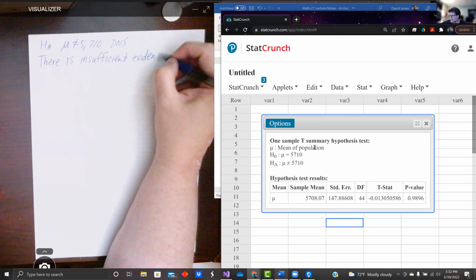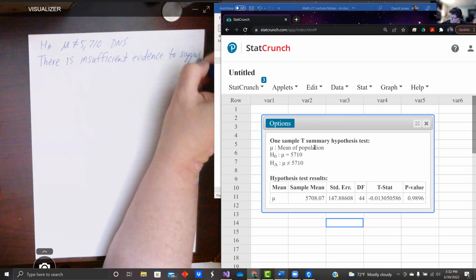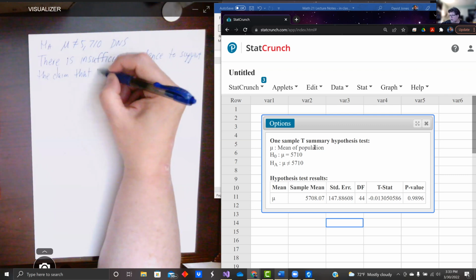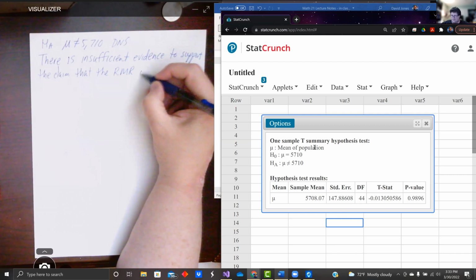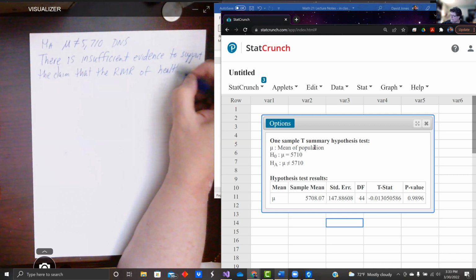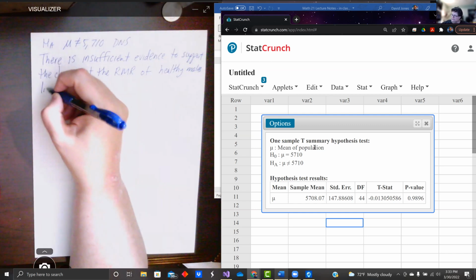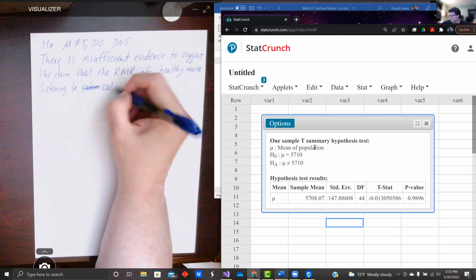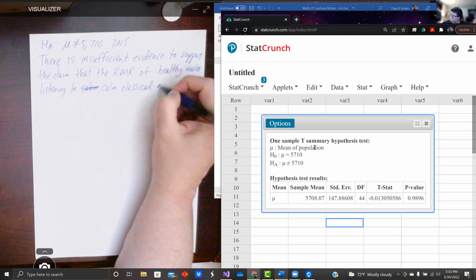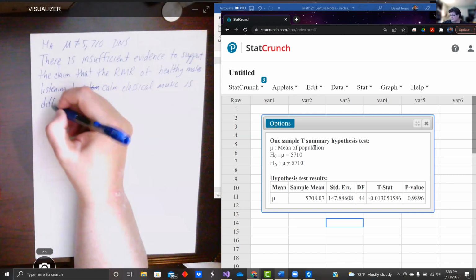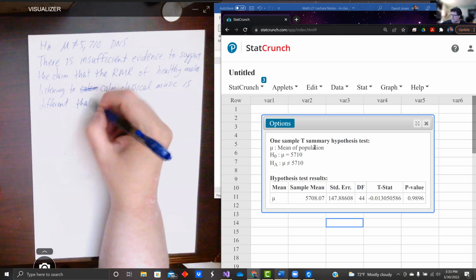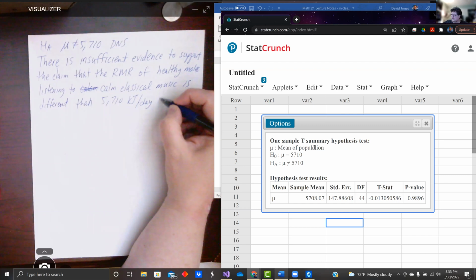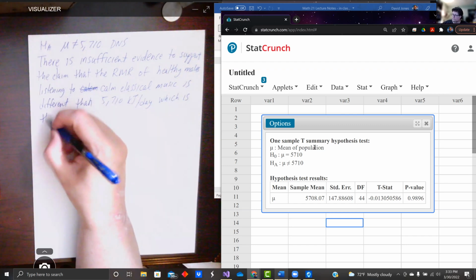There's insufficient evidence to support the claim that the RMR of healthy males, I had something else I wrote down, healthy males listening to calm classical music is different than 5,710 kilojoules per day. And I'm probably going to add in, which is the average for males in complete silence.